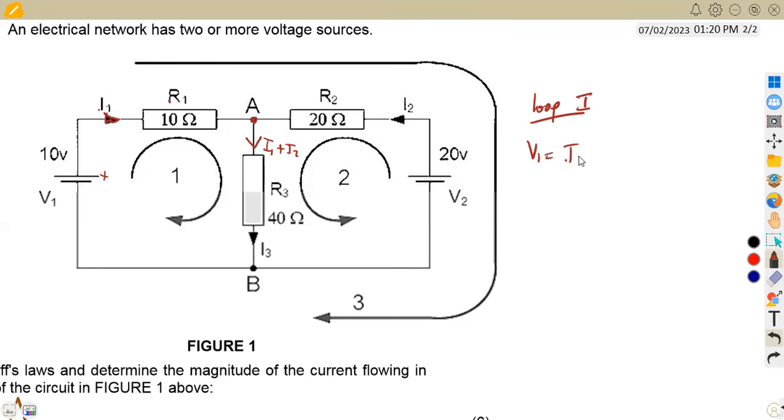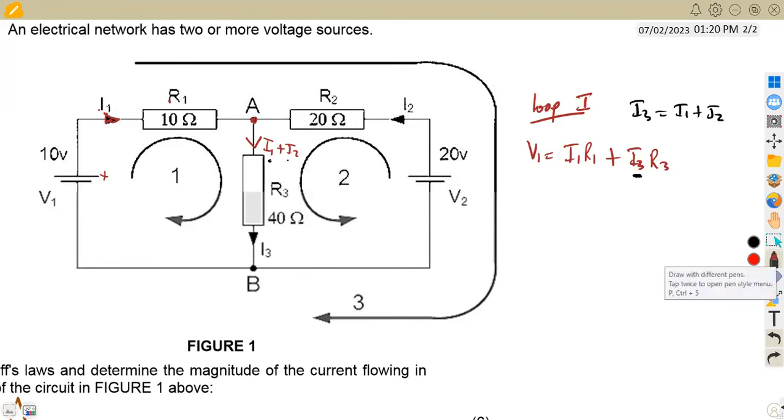If we move through branch AB, we have I3 and R3, so we add I3 R3. But remember, I3 is simply equal to I1 plus I2. So instead of using I3 in our formula, we can work with just 2 unknown values instead of having a lot of unknowns.